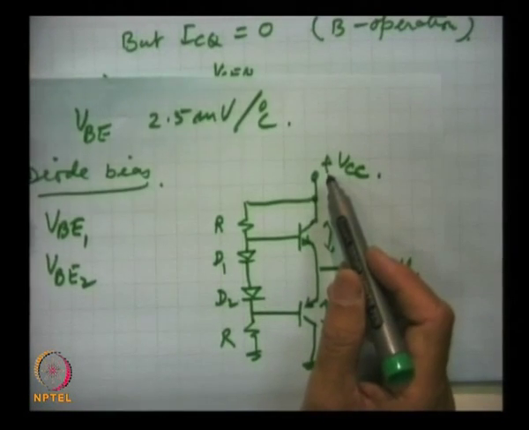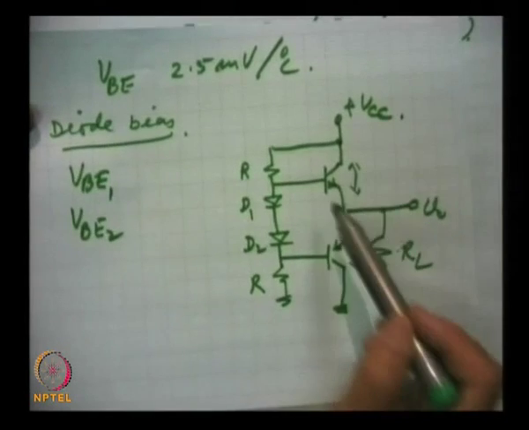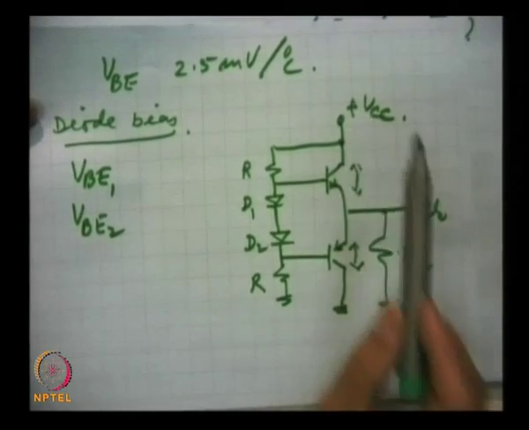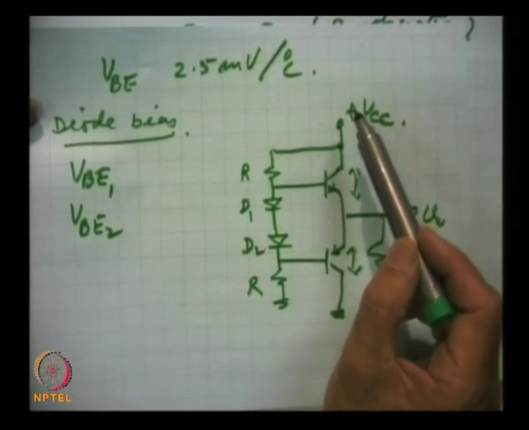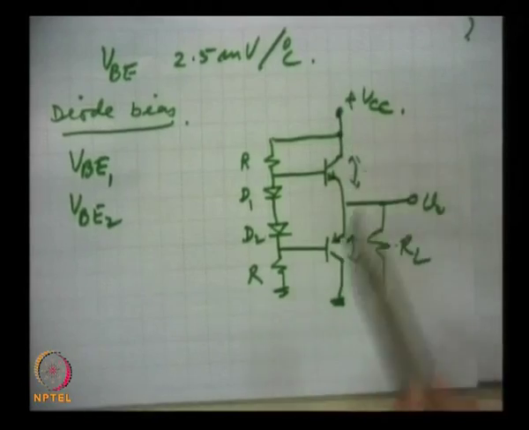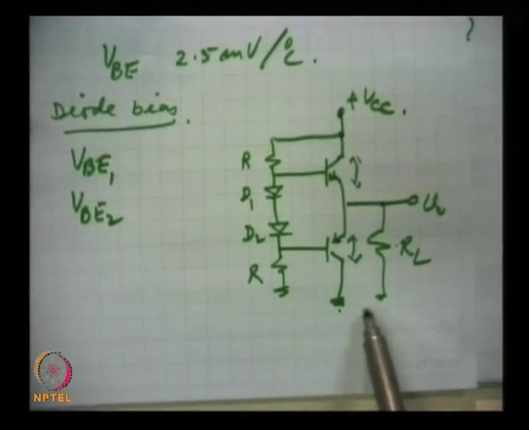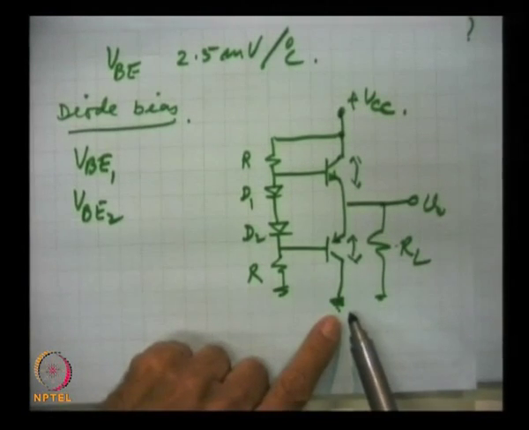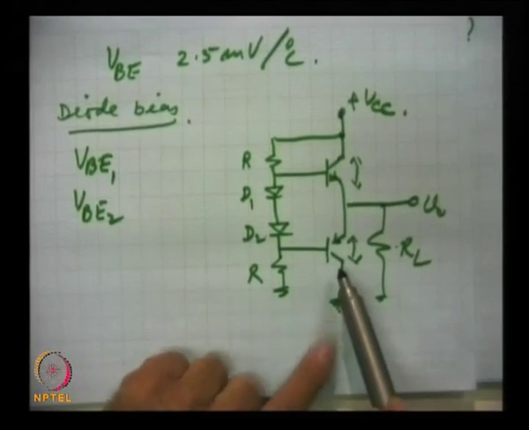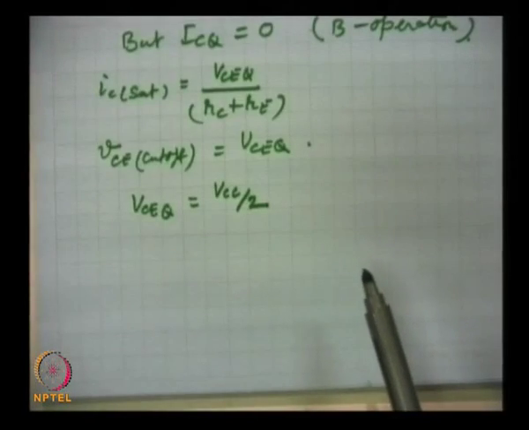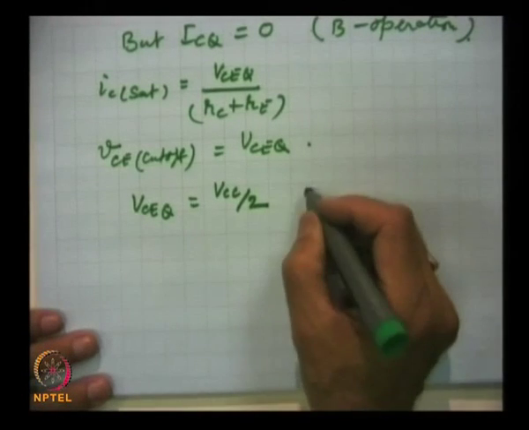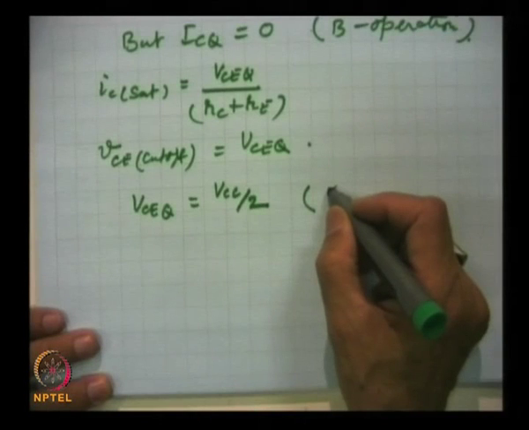We can have a choice, instead of biasing both transistors with a single source: a positive voltage can be given at this collector, a negative voltage we can give here, so that this negative voltage will bias this collector in reverse, and the upper one will be reverse biased by plus.